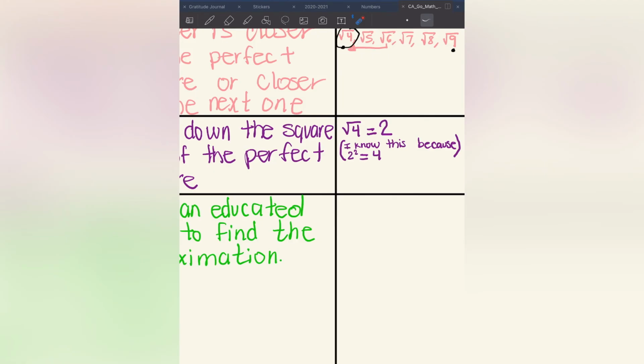In this case, to make an educated guess, we are going to use the square root of 4 equals 2. So we are going to use the number 2 and a decimal to make the approximation. The square root of 6 is not a perfect square, therefore it is equal to a decimal, and we need to find the closest decimal we can.